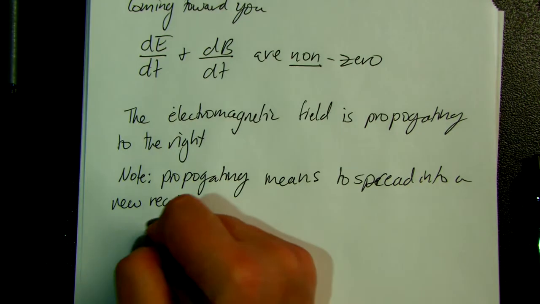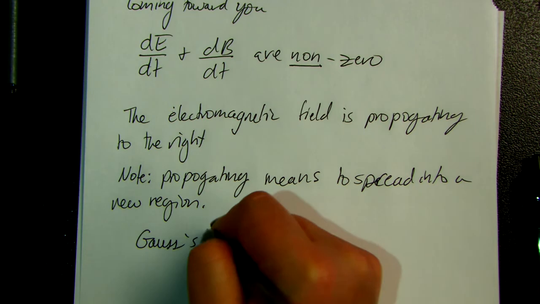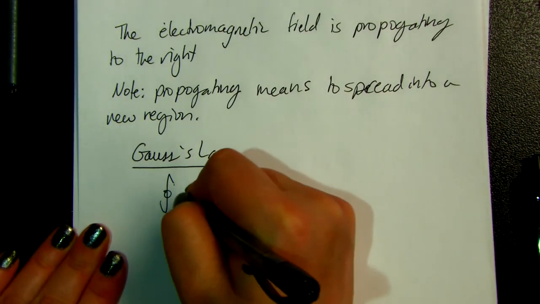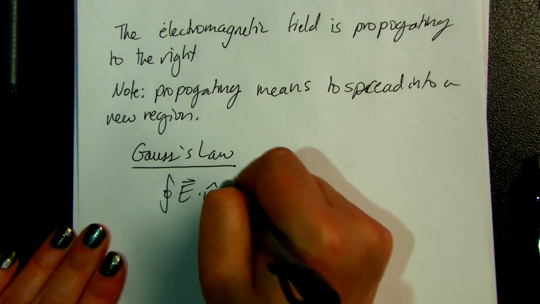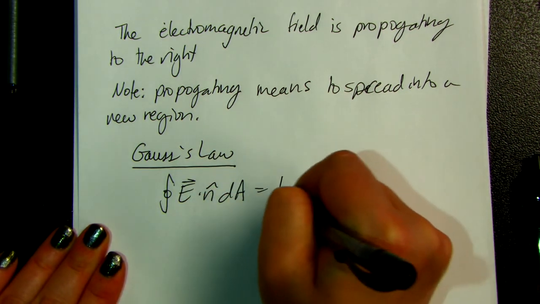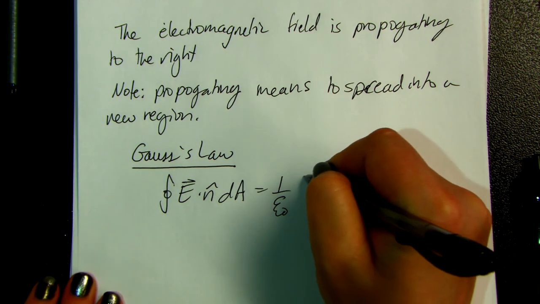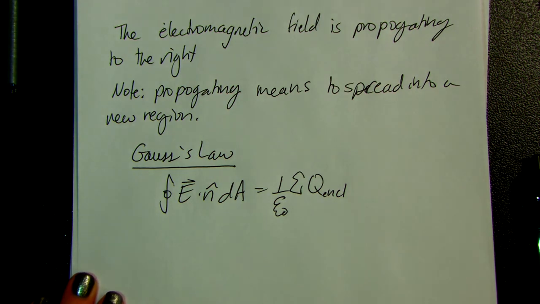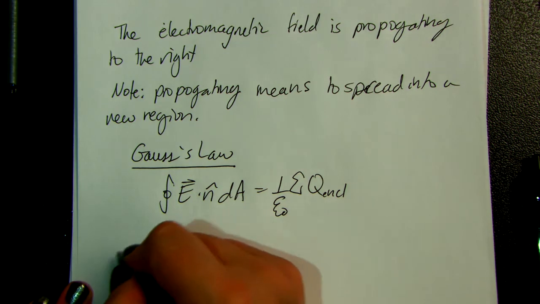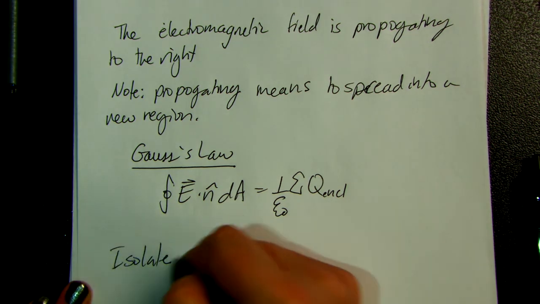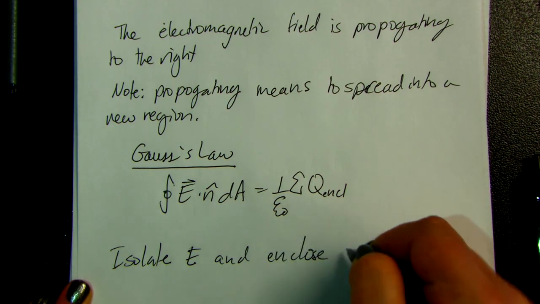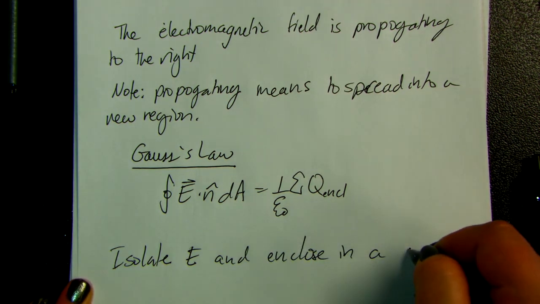So Gauss's law. E dot n hat dA is equal to 1 over epsilon naught, sum of the charge. Ooh, that's a really funky epsilon naught. Okay, we're going to isolate E and enclose it in a Gaussian surface.